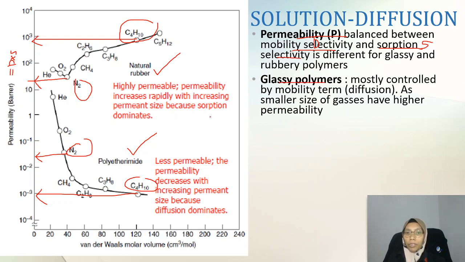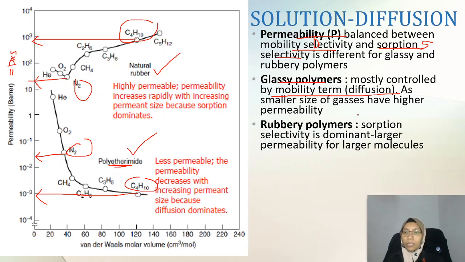In glassy polymer, which is polyimide, permeability is mostly controlled by the mobility, the diffusion. Nitrogen is smaller than butane, right? The smaller molecule will have higher permeability.